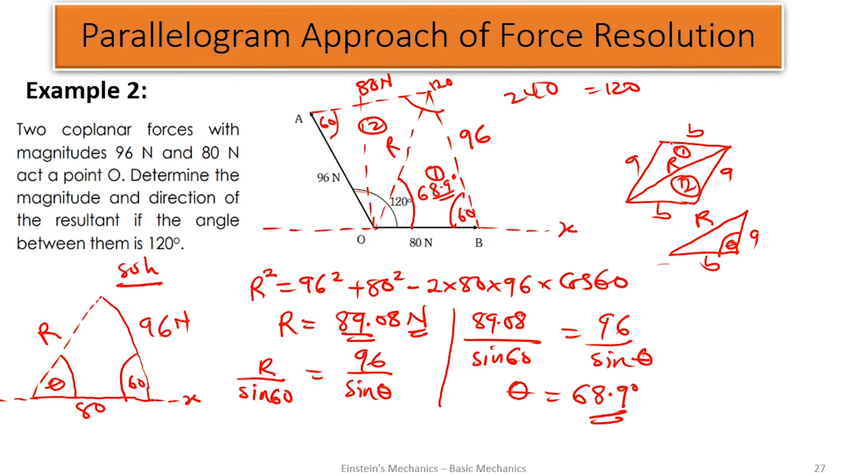We have theta, the angle it makes. So the resultant squared will now be A squared plus B squared minus 2AB cos theta, and you are good to go.